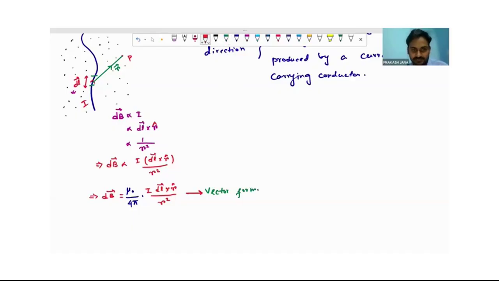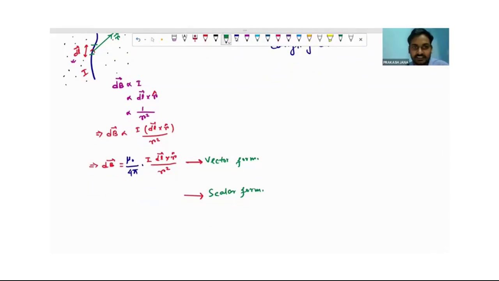What will be the scalar form? The scalar form will give only magnitude, not direction. That is, dB equals mu naught by 4 pi I dl sine theta by r square.